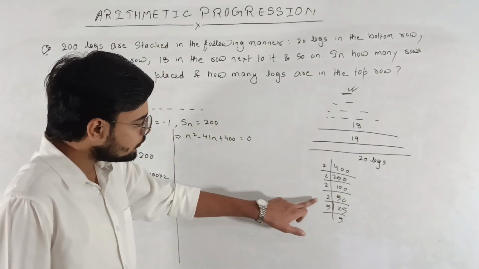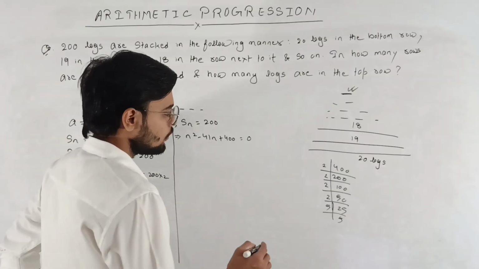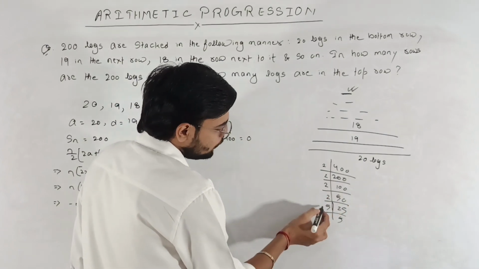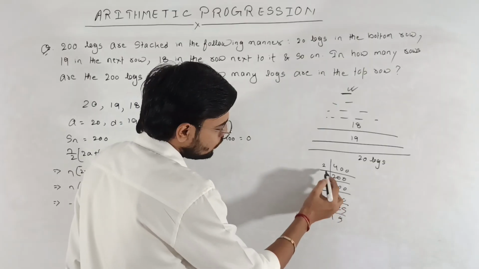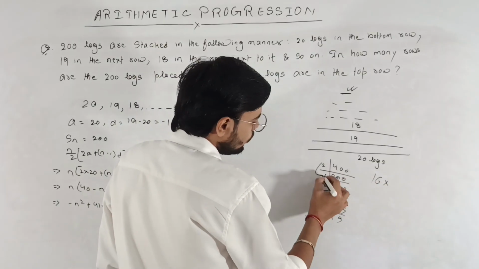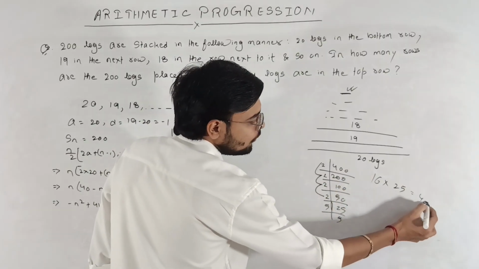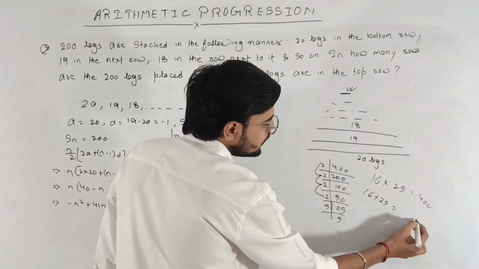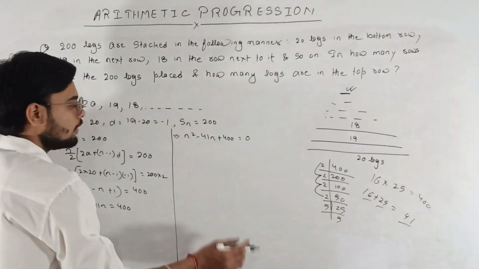So 4 by 8, 5 by 10, 16 into 25 is 400, and if you add 16 plus 25, then it is 41. So we have two terms: 16 and 25.